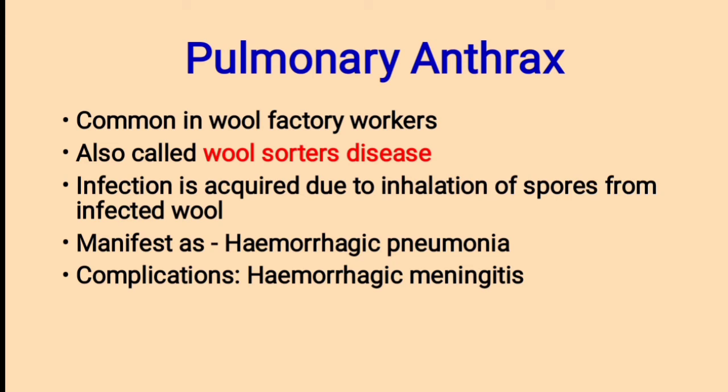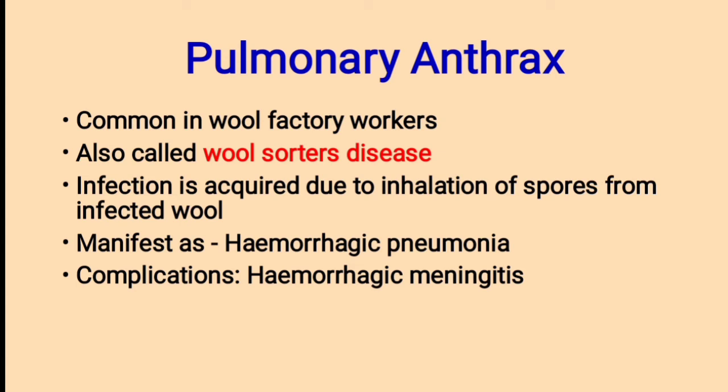Then pulmonary anthrax. Pulmonary anthrax is mainly common in wool factory workers, and it is also called wool sorter's disease. The infection is acquired due to the inhalation of spores from infected wool. So, it's a respiratory tract infection known as pulmonary anthrax.